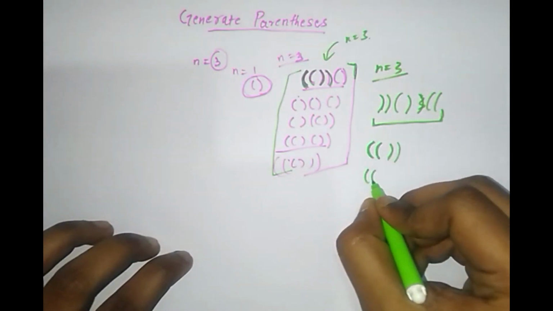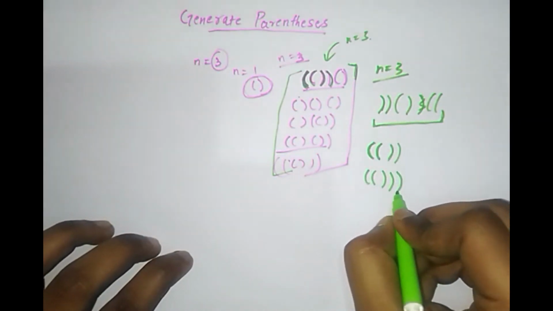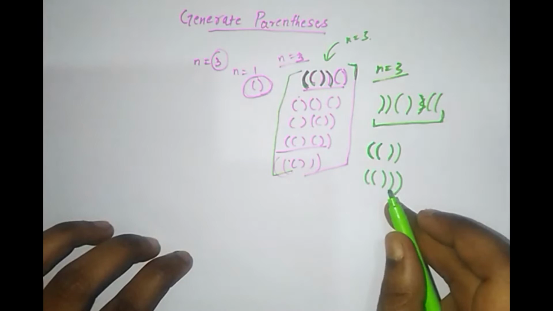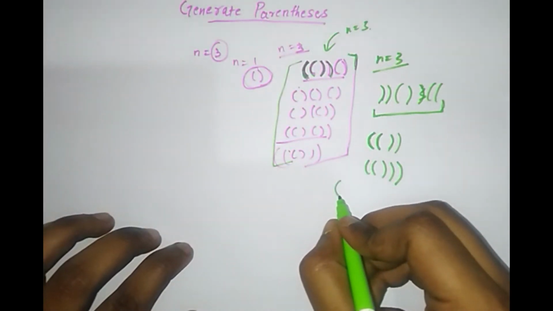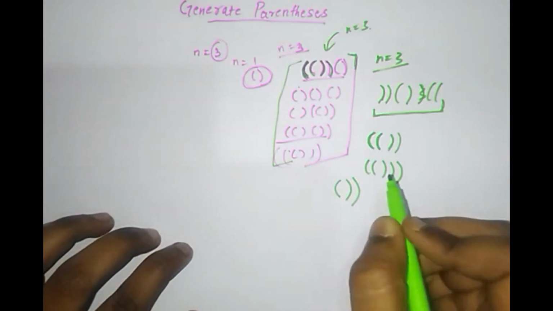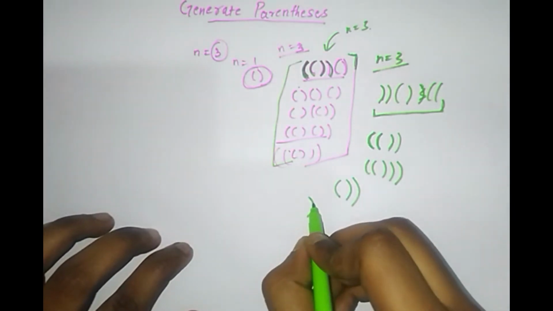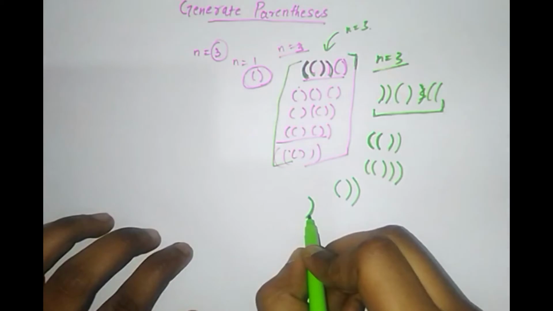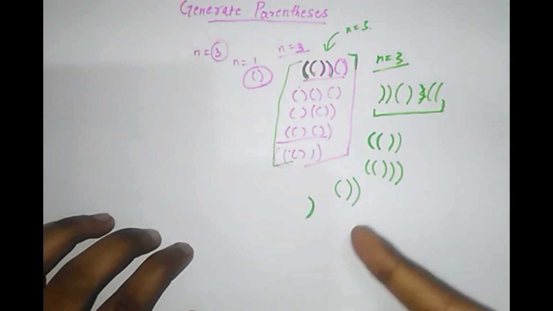If we are given 2 opening brackets, then we cannot have 3 closing brackets. If we are given 1 opening bracket, then we cannot have 2 closing brackets. If we are given 0 opening brackets, then we cannot have more than 0 closing brackets.